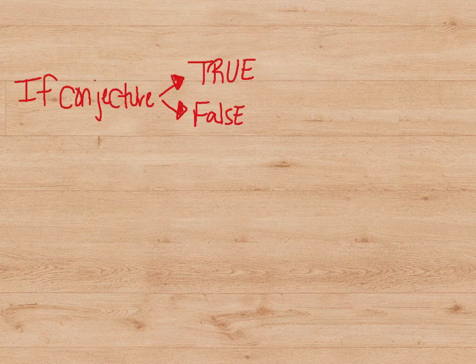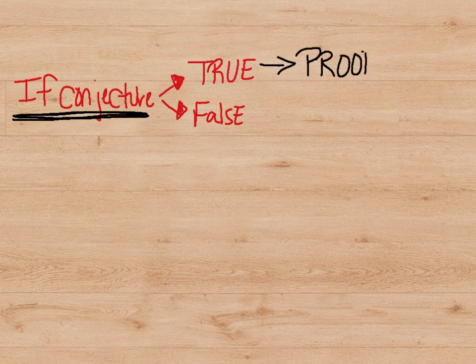Okay, next, last thing. So here's where we're going to take the next road in our next lesson. So if we have a conjecture, it is true or it could be false. We have to prove it. So if it's true, that's where we're going to learn how to do proofs. And we're going to learn about that later because it's a little bit more grown up.